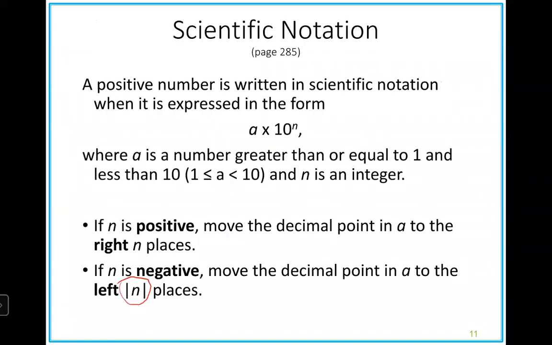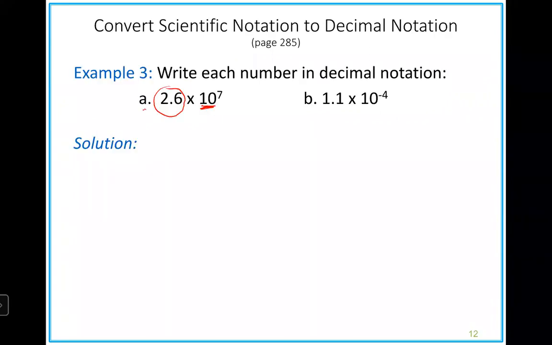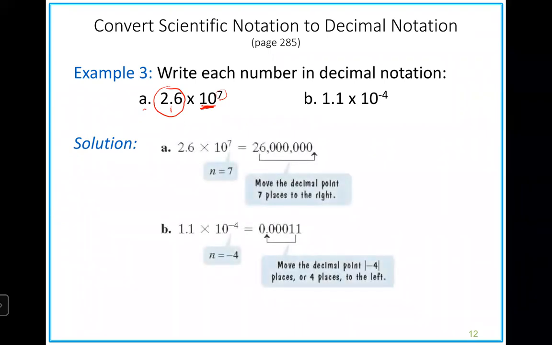So based on what they're saying, if n is positive, move the decimal point in a to the right n places. So in this first one, n is equal to 7. You're going to move the decimal point 7 places to the right. 2.6 times 10 to the 7th. The power is 7. So you're going to move the point 7 places to the right.